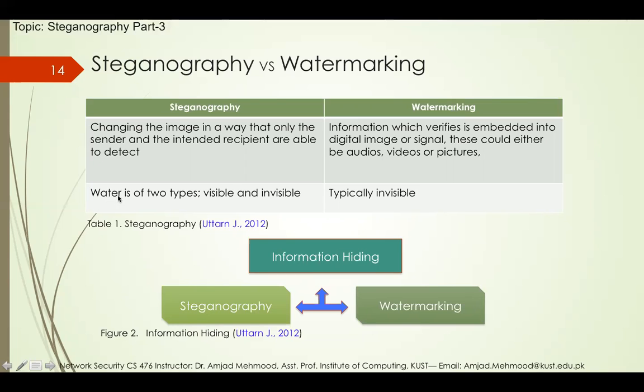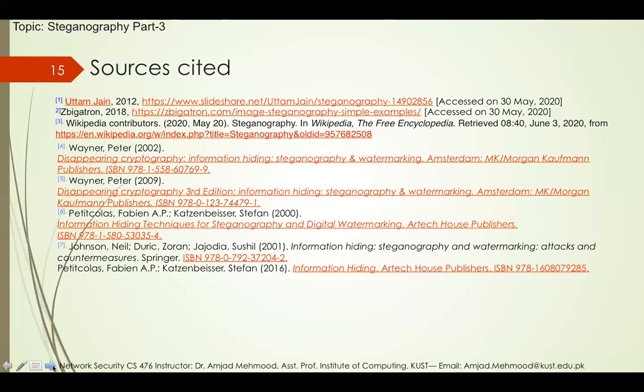Watermarks are of two types, visible and invisible, and typically a watermark is visible. So you can see that information hiding is divided into two parts: by using steganography you can hide your information, or by using a watermark you can also hide your information. Both techniques are used for hiding information.